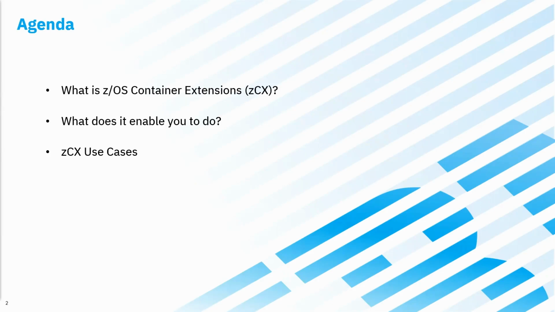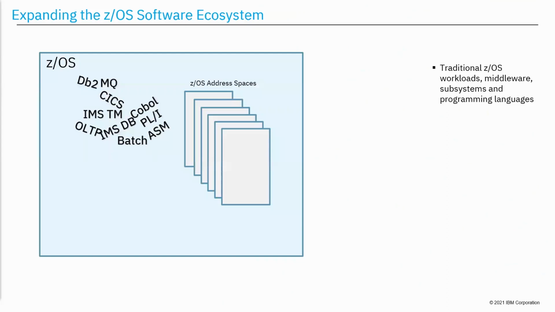Let's get started with a quick overview. The focus of zCX is to add a whole new ecosystem of software that runs on z/OS. We talked about this in the intro session in part 1 last week.